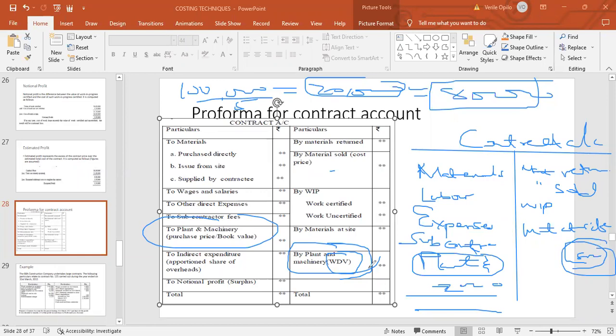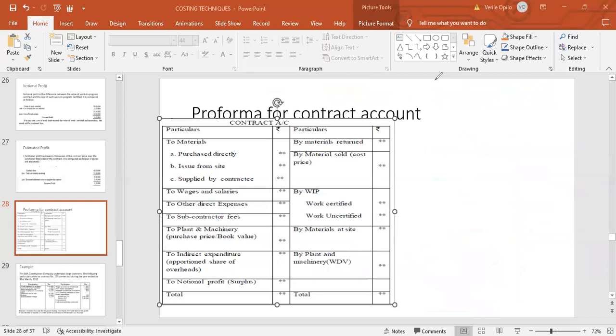So the written down value of this machinery, or what we call the book value, or the carrying amount of the machinery, is going to be included on the credit side. That is, yes, we bought it, but it is still here, and it still has this value, and it will be used in the future period. So therefore, the written down value of machinery again is to be recorded on the credit side.